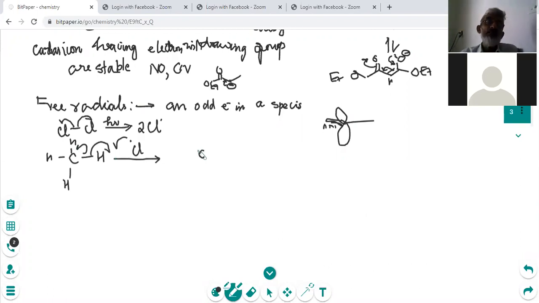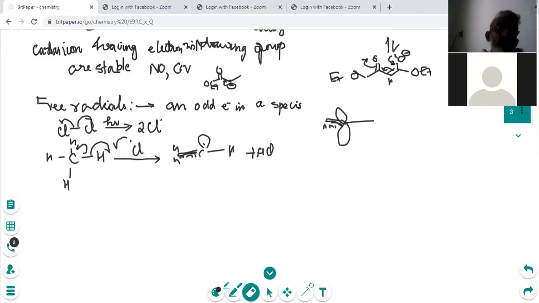So what you get is an orbital with one electron. See H, and H. Now you have used one plus HCl. Sorry, only one electron is there.